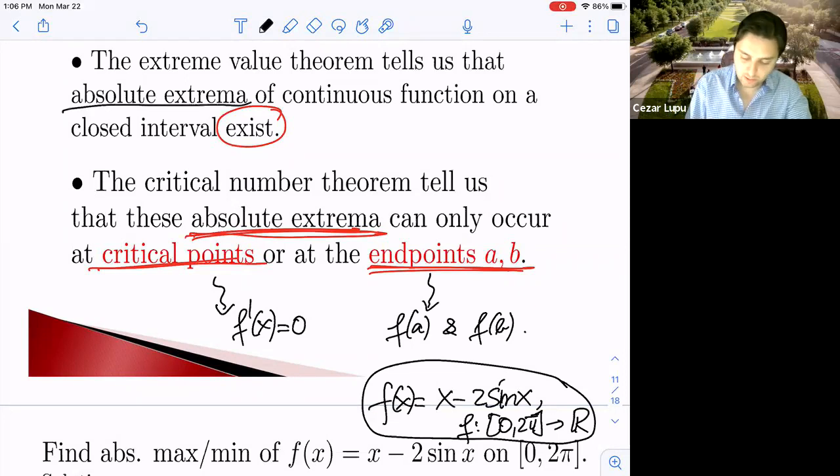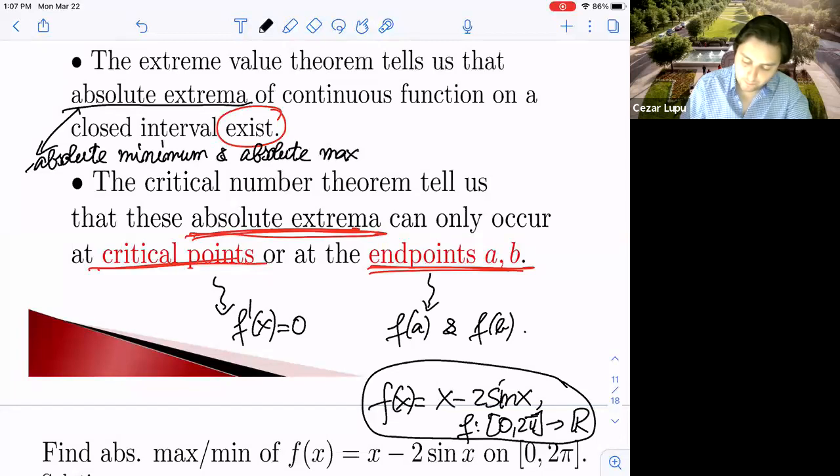When I say absolute extrema, I mean absolute min and absolute maximum.